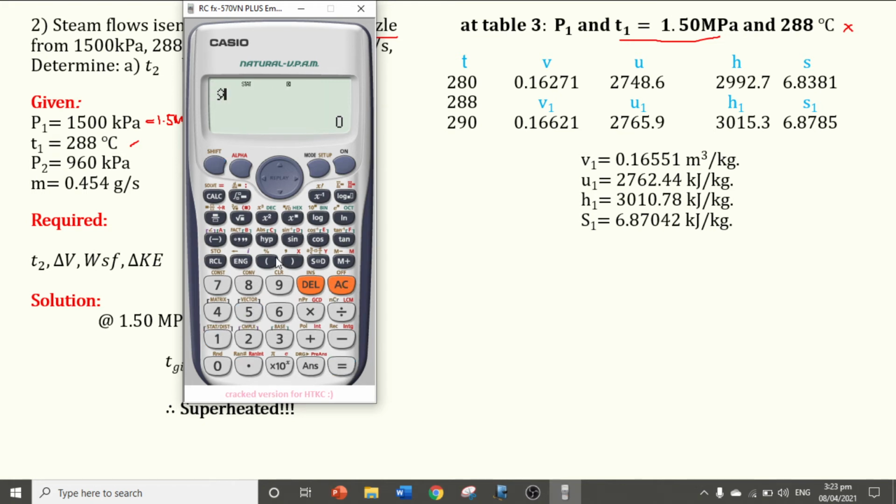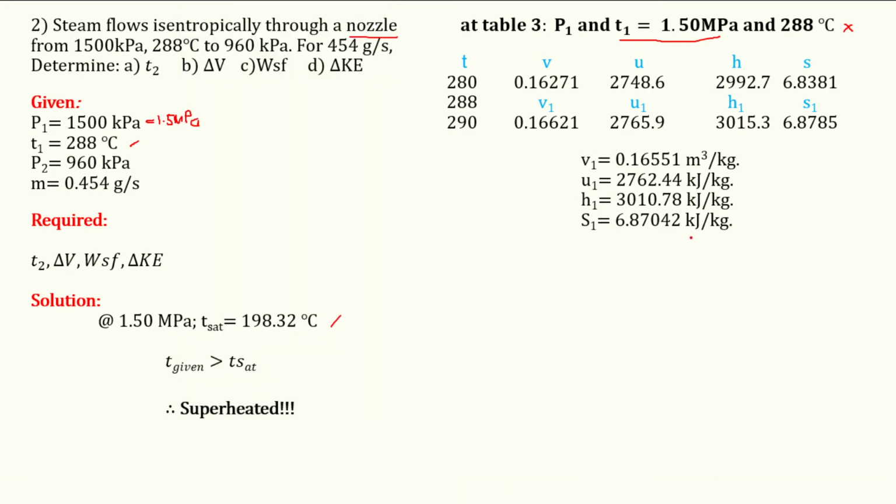Shift 155, 288, ano. Therefore, S1 is 6.8742 kilojoules per kilogram.